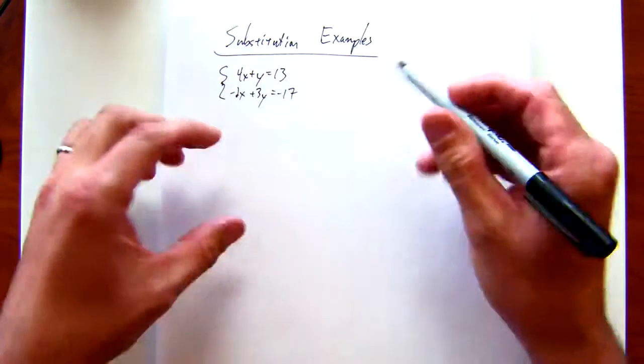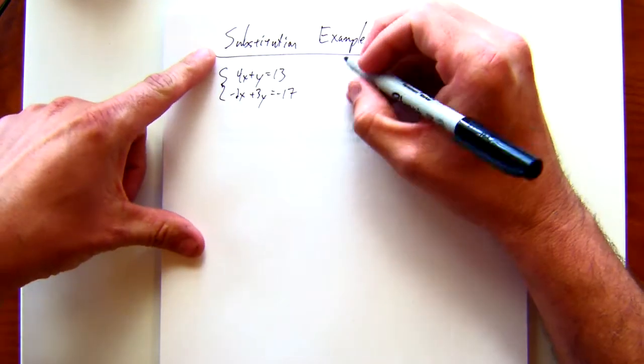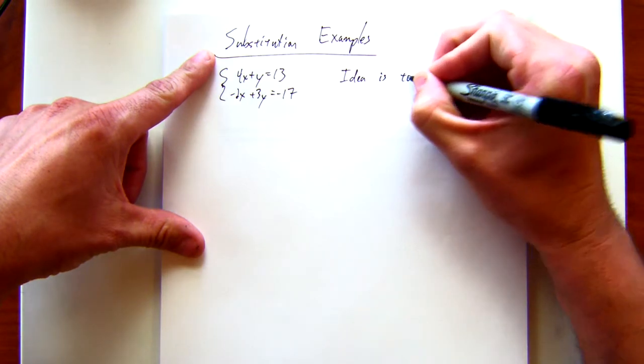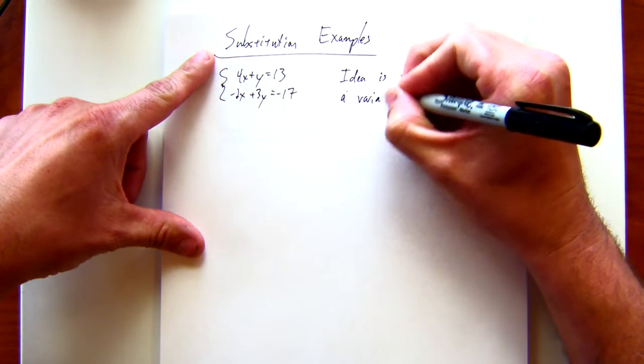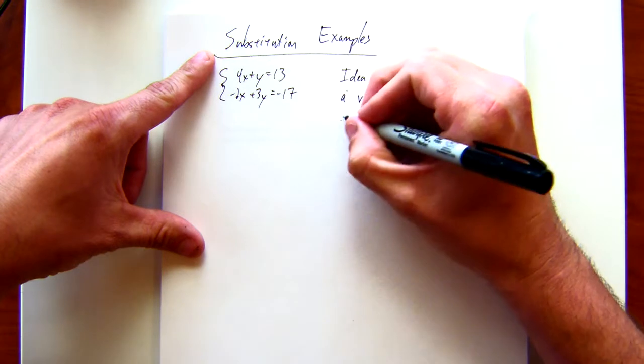Okay? So what's the root word of our method that we're talking about? So the idea is to find a variable that we can substitute.